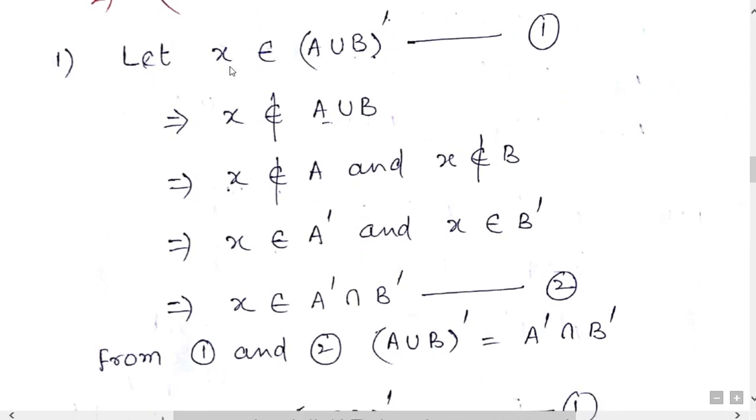Suppose X is an element and it belongs to (A union B) complement.